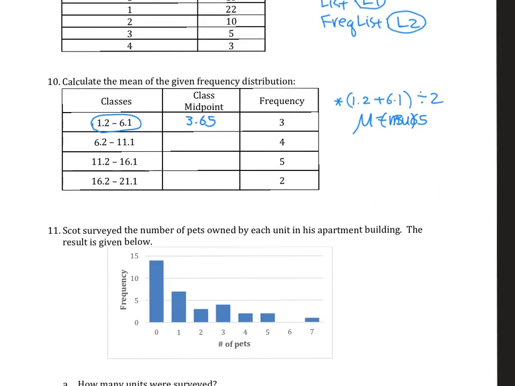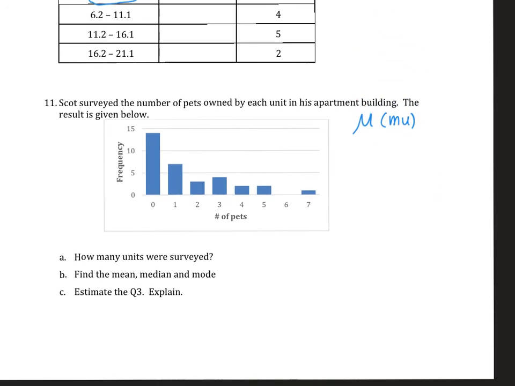And for the next question, we are given a graph instead of frequency tables. So here we can basically recreate a frequency table ourselves. So here we'll just make the frequency table from the given graph.